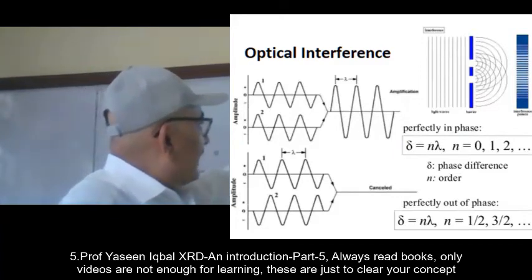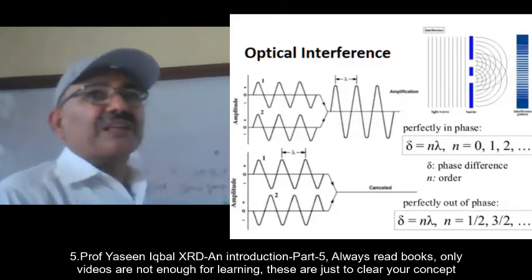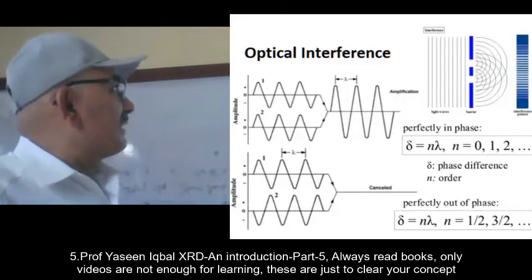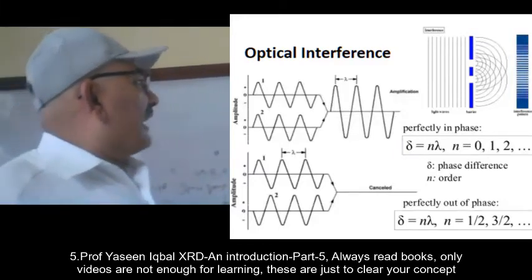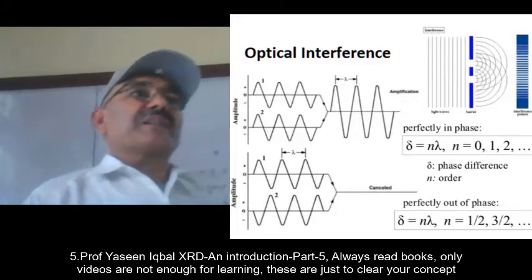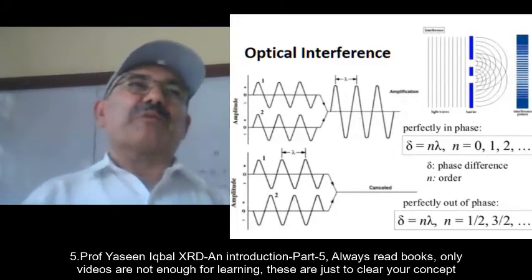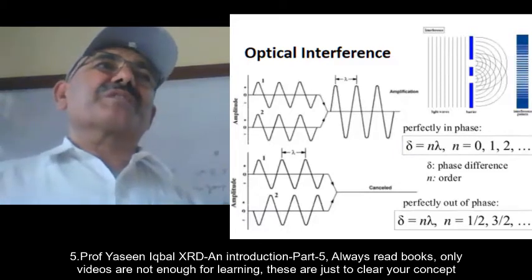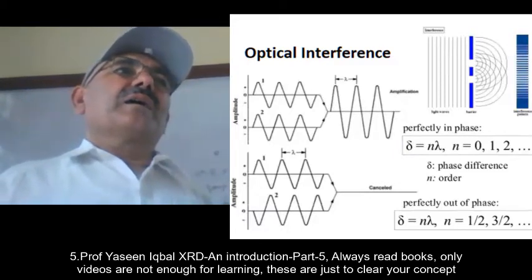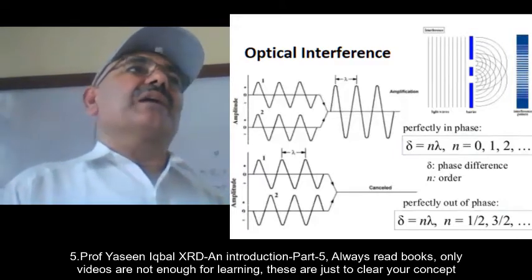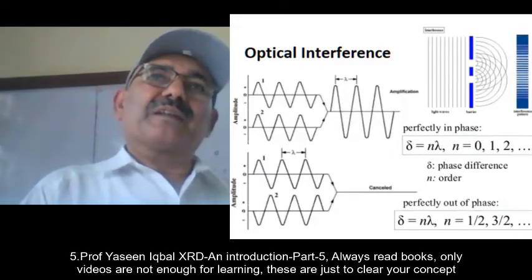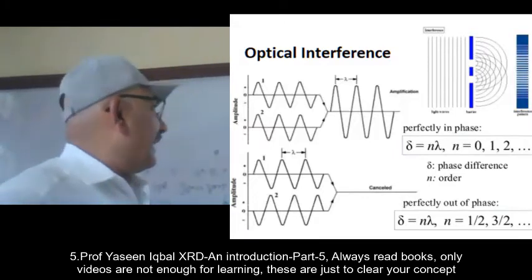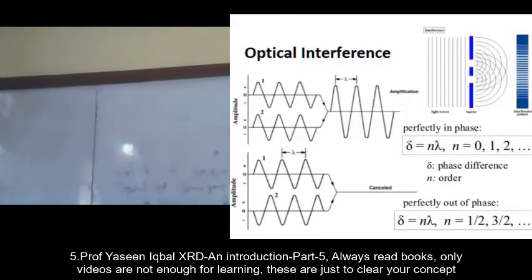Here, there is complete destructive interference, and wherever the path difference between the two waves becomes an integral multiple of the wavelength, then again the waves reach here together.